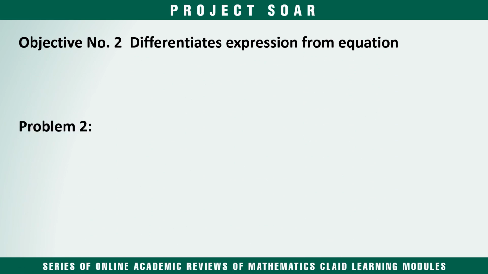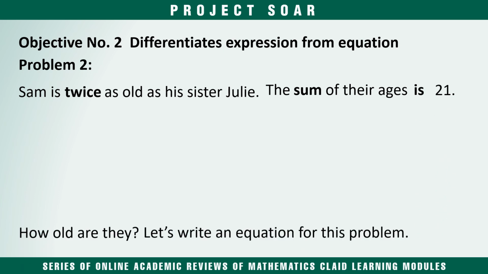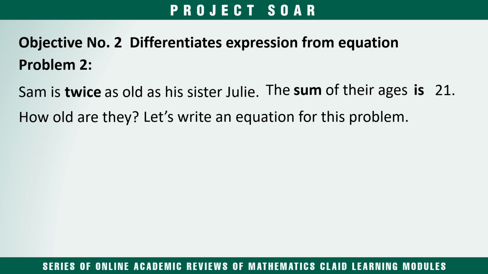Objective number 2, problem number 2. Sam is twice as old as his sister Julie. The sum of their ages is 21. How old are they? Let's write an equation for this problem. But before that, let us observe this problem.